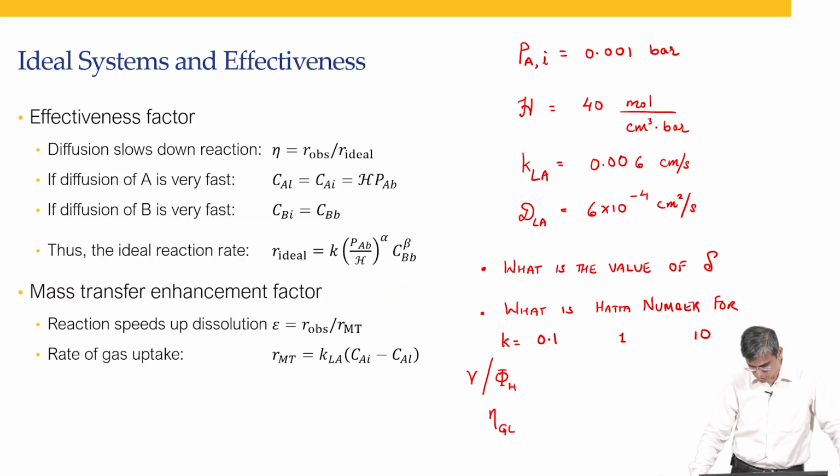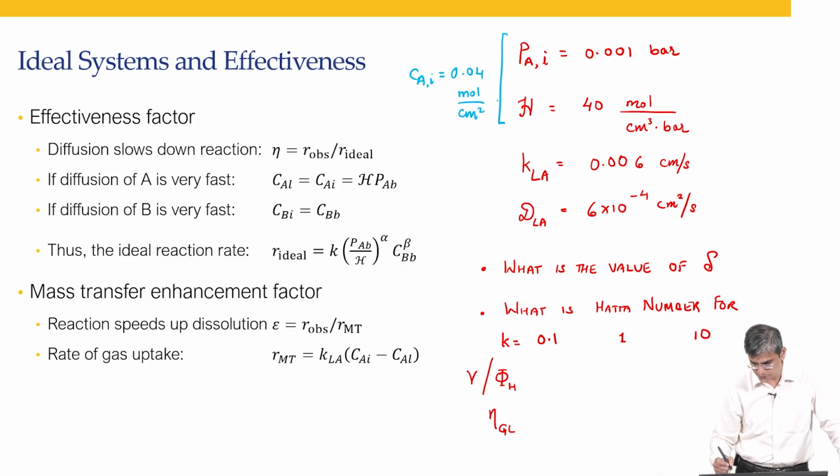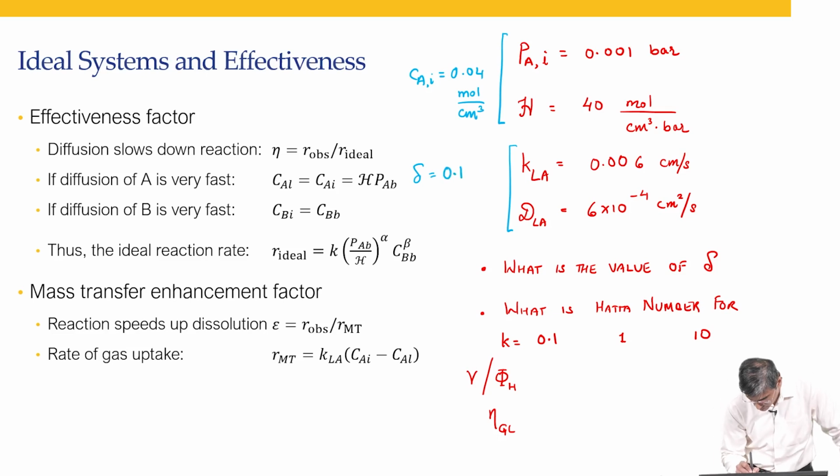So from these two, CAI is going to be 0.04 moles per centimeter cube. From these two, our delta is going to be 6 into 10 to the power of minus 4 cm.